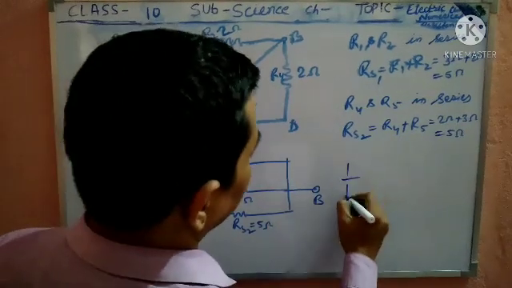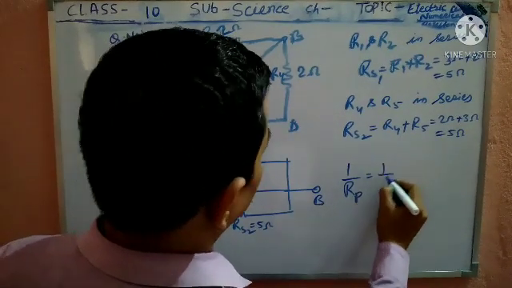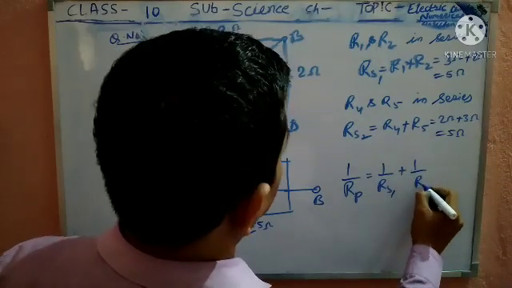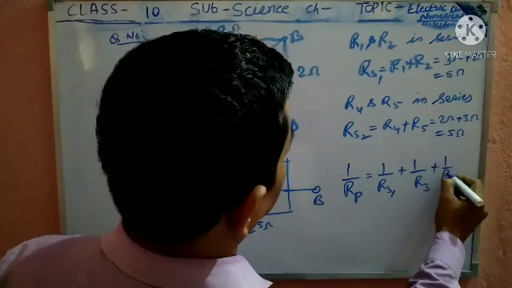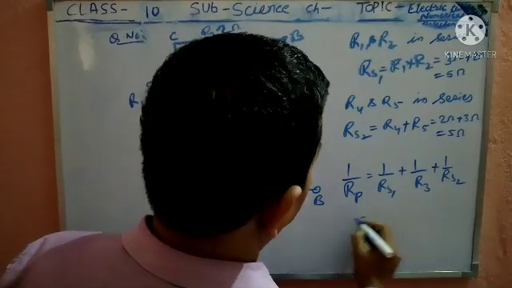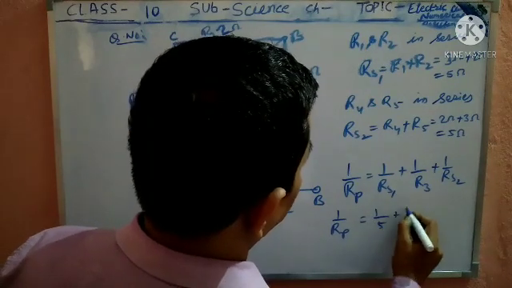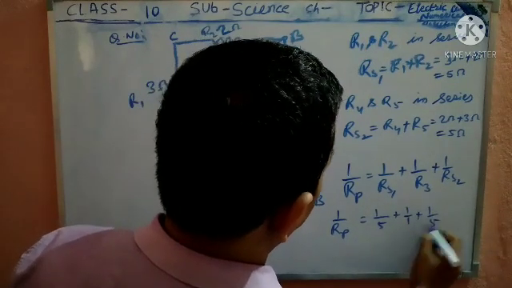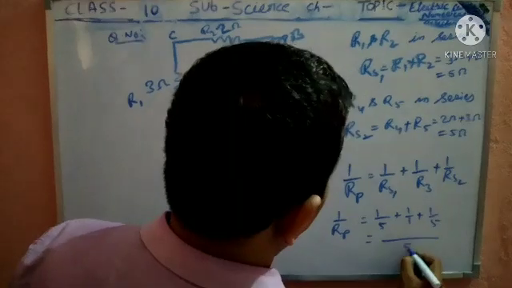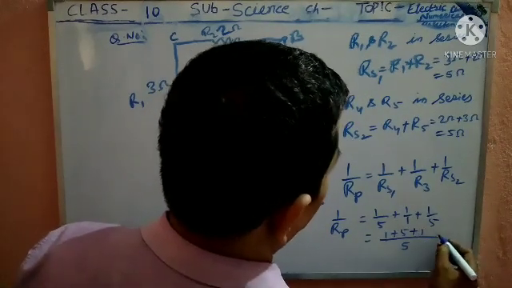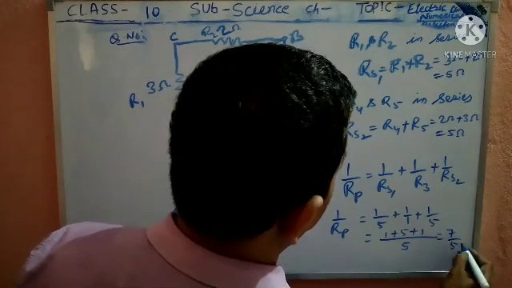So find Rp: 1 by Rp equals 1 by Rs1 plus 1 by R3 plus 1 by Rs2, that is 1 by 5 plus 1 by 1 plus 1 by 5. Taking LCM 5, 1 plus 5 plus 1 is 7 by 5.